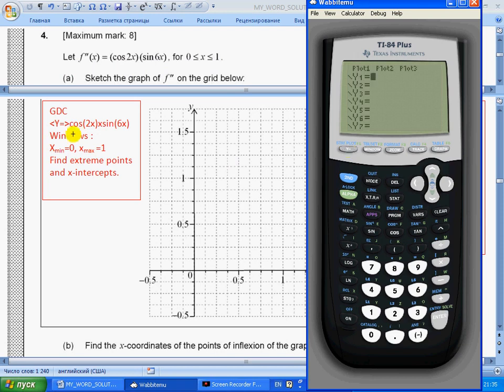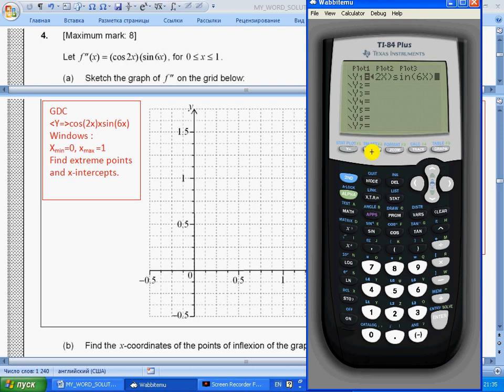Here we insert our function: cosine 2x, bracket closed, sine 6x, bracket closed.